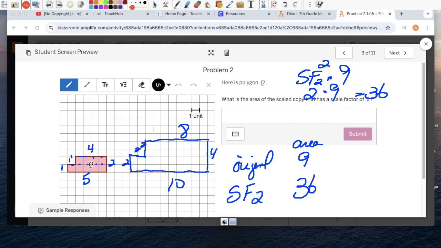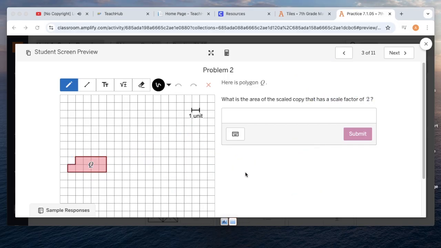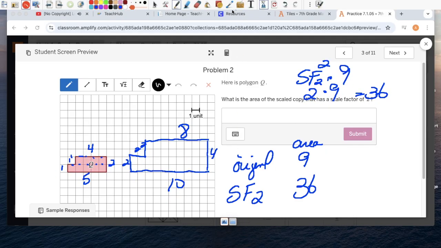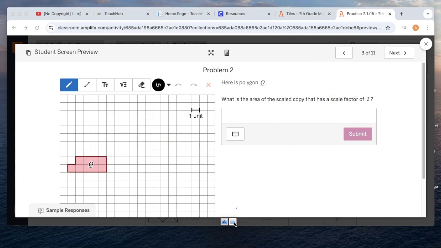Hang on a second. 3, 4, 5, 6, 7, 8, 9, 10, 11, 12, 18, 19, 20, 21, 22, 23, 24, 25, 26, 27, 28, 29, 30, 31, 32, 33, 34, 35, 36. No, we're good. Sorry, I doubted myself.